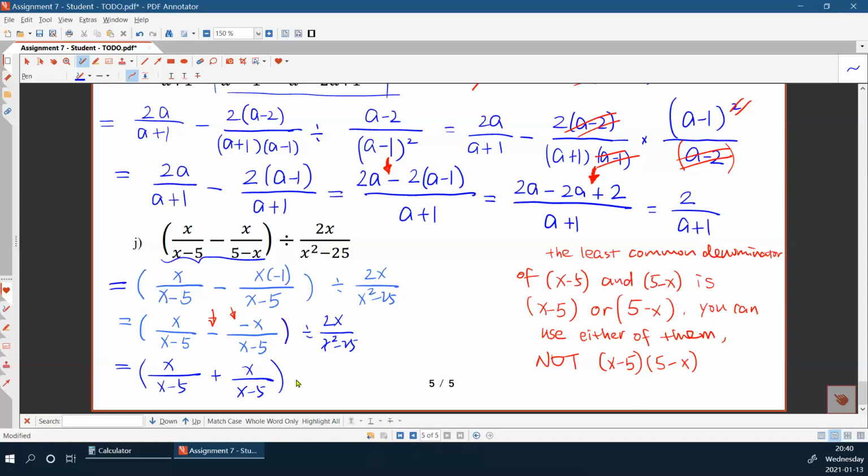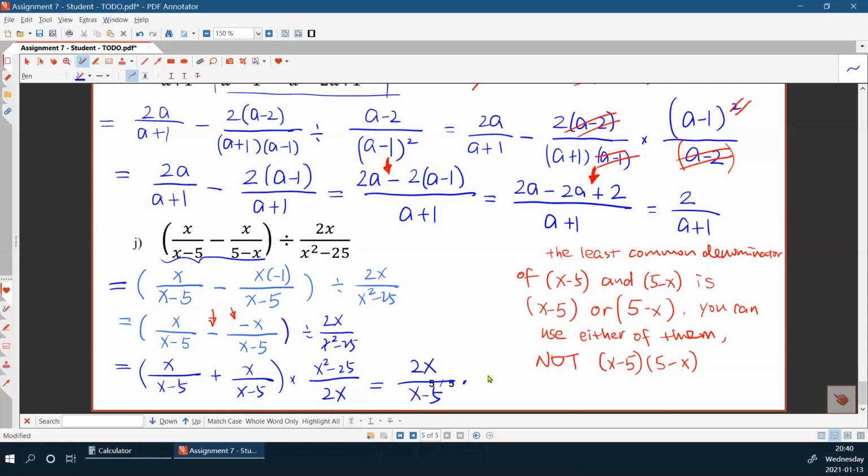Now we can change the division to multiplying by the reciprocal of the last term, which is 2x here, x squared minus 25 here. We can add the first two terms because they are using the common denominator now, which becomes 2x over (x minus 5).